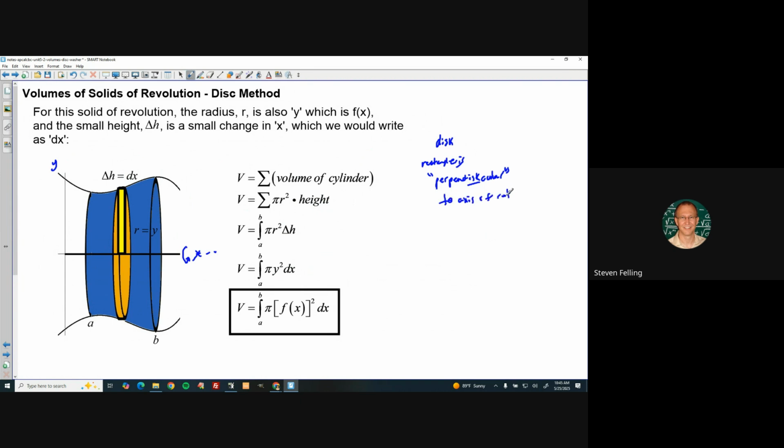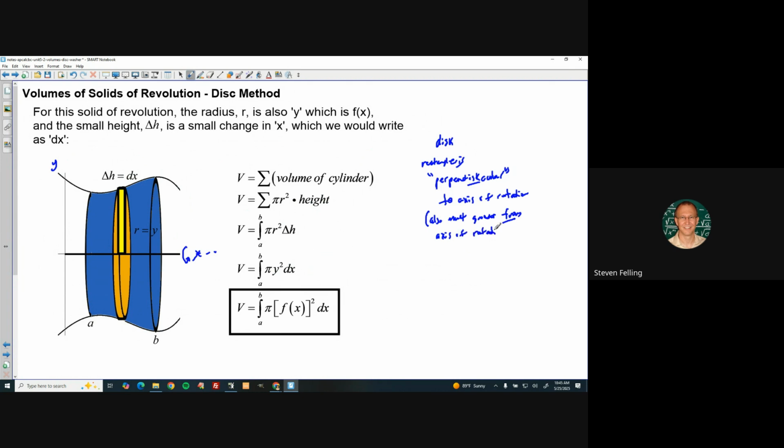I know it's corny, but it does help us to remember that the rectangle has to be drawn in a direction that's perpendicular to the axis of rotation. It also must grow from the axis of rotation.